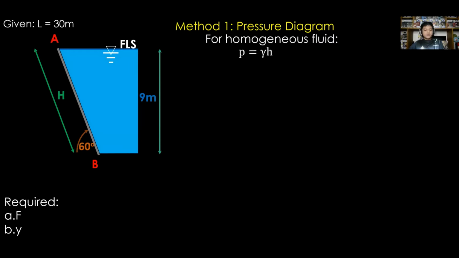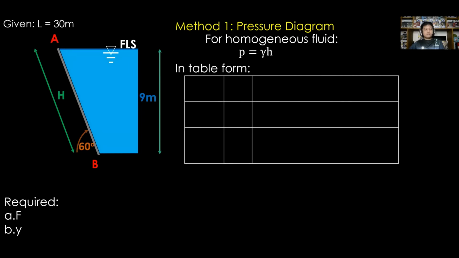For homogeneous fluid, P is equal to gamma times height. Presenting in table form, identifying points and pressure P. For points, we have A and B. And for H, that is measured from the free liquid surface, at A, H is 0, and at B, H is 9 meters.